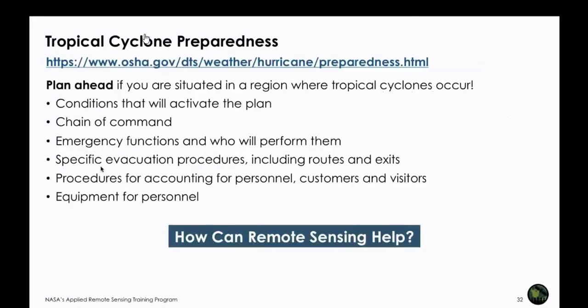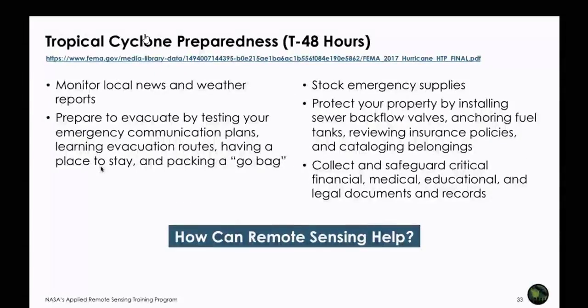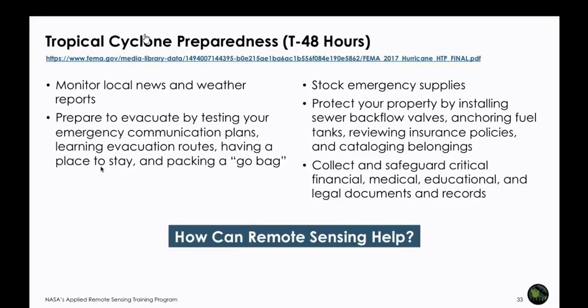Now, what we talked about here was to plan or mitigate, to prepare ahead of time. Once you know that a tropical storm has already formed or a depression has formed, and it might be moving into your area, so almost about 24 to 48 hours before, your immediate preparedness changes a little bit.